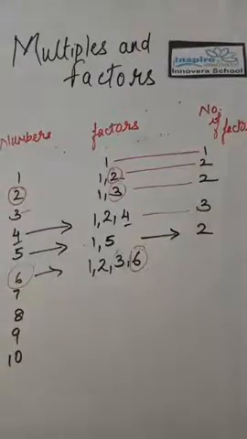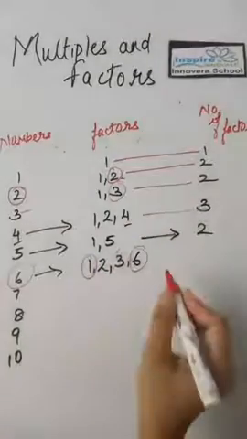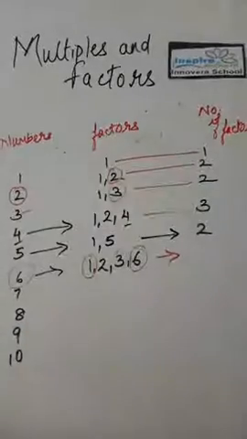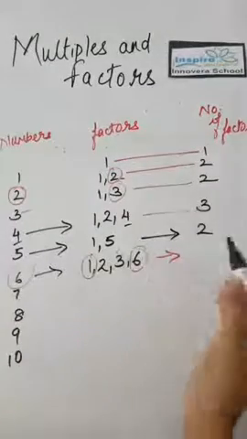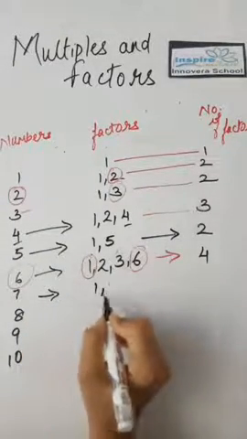What does the property say? Every number is a multiple of itself, and we can also multiply by 1. So 6 into 1 is 6. How many factors are there? Count 1, 2, 3, 4. We got 4. Now 7, 1 and 7.